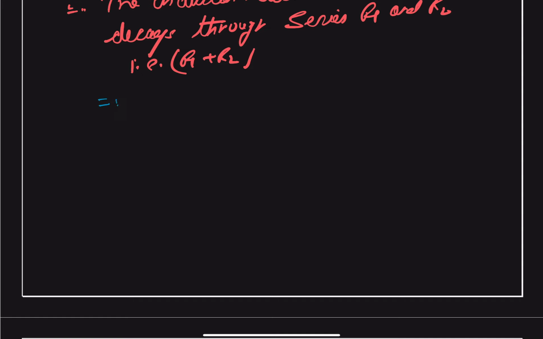So we can write the time constant, let us call it tau prime, will be equal to L divided by R1 plus R2. L is our 0.4, this is 2 plus 2, giving us 0.1 seconds.